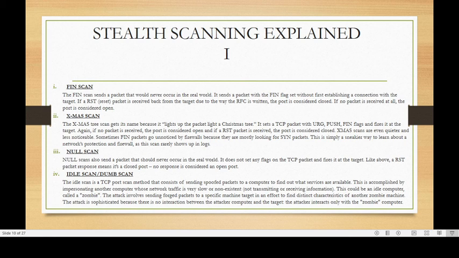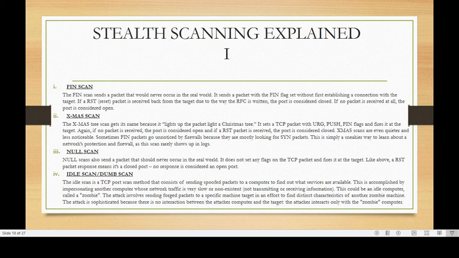We have the Xmas scan. The Xmas scan is more or less the Christmas tree scan. It raises packet flags like Christmas tree lights. It sets a TCP packet with the URG, push, and FIN flags and fires it to the target. Again, if there is no reset response, the port is considered to be open.